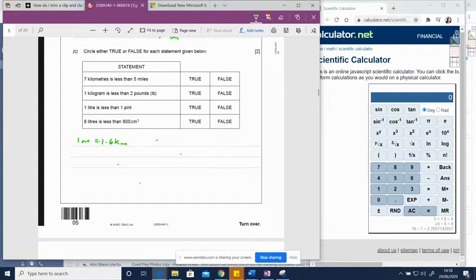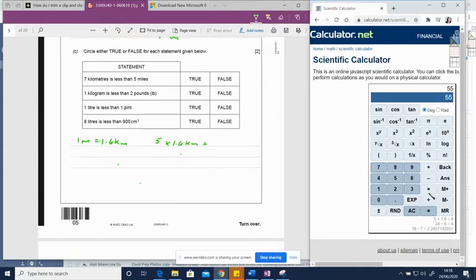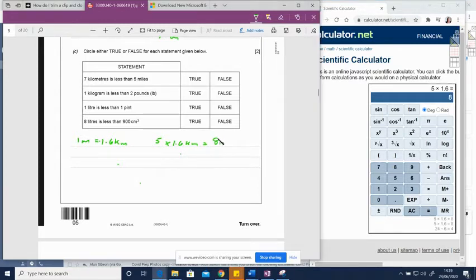So 5 miles is 5 times 1.6 kilometres. Pop that into the calculator. 5 times 1.6, which is equal to 8. So the statement 7 kilometres is less than 5 miles is actually true.